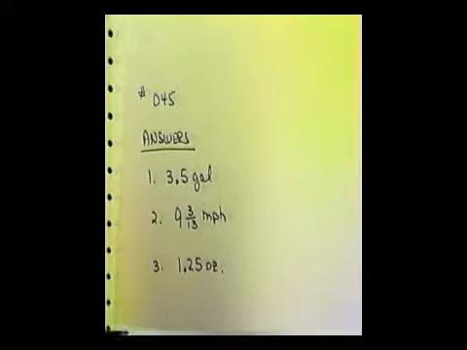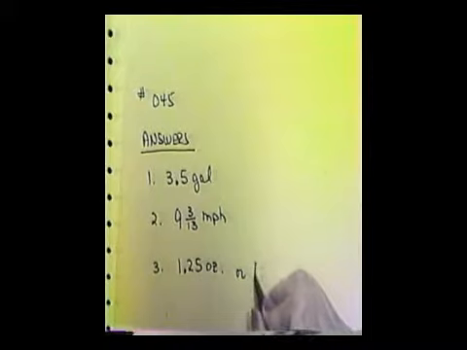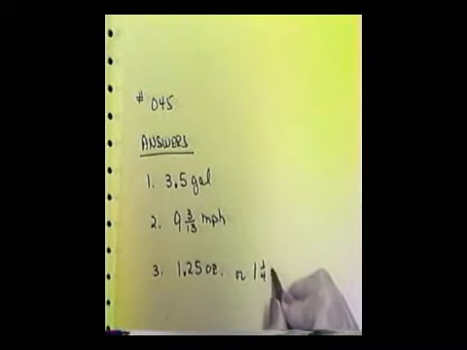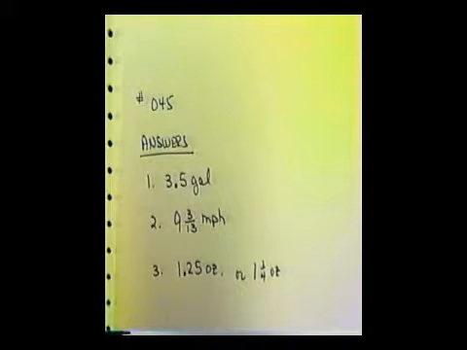Number 2, the runner is running 9 3/13 miles per hour. And 3, we're going to need 1.25 ounces, or we could also write that as 1 1/4 ounce, whether we give it in decimal or fractional form.